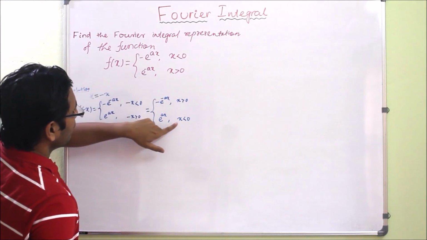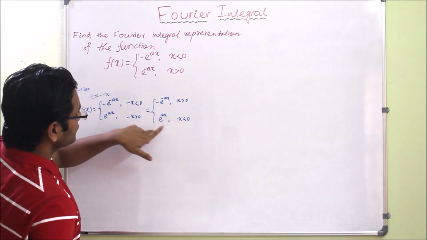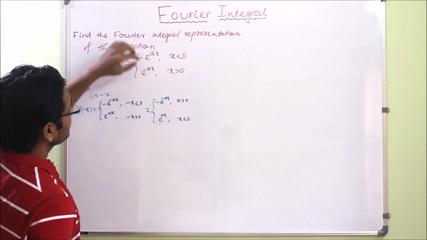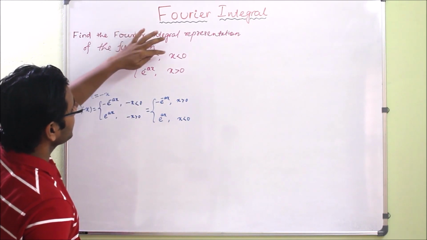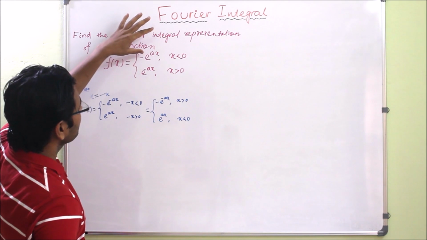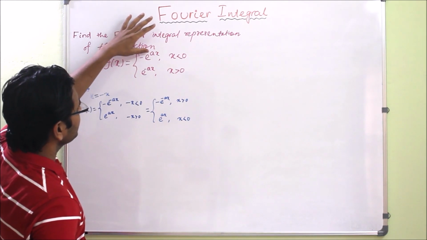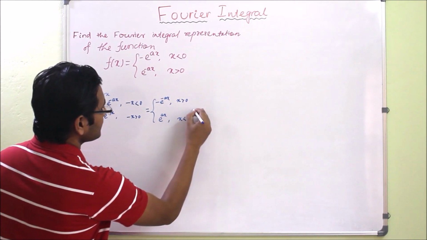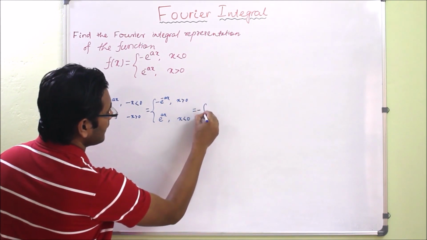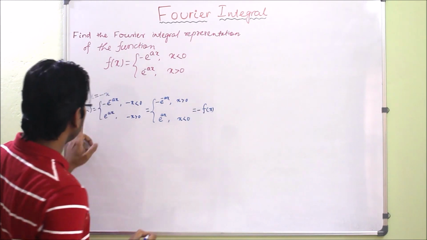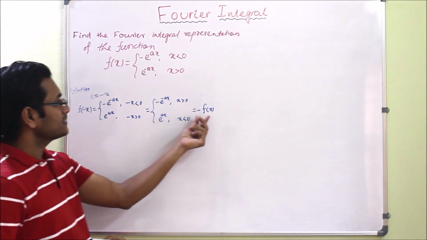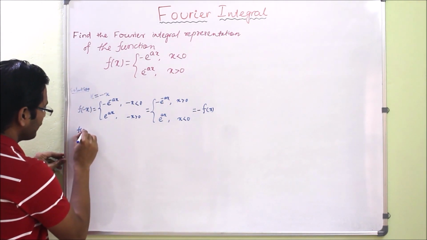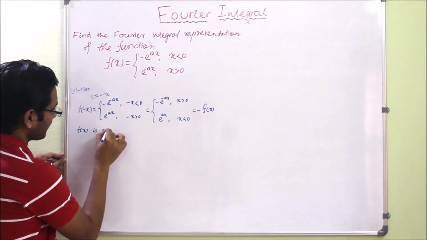When x is less than 0, the value is e to the power ax, whereas in the problem for x less than 0 the function value is minus e to the power ax. That means this is nothing but minus f of x. So when f of minus x is minus f of x, we say that the function is odd.